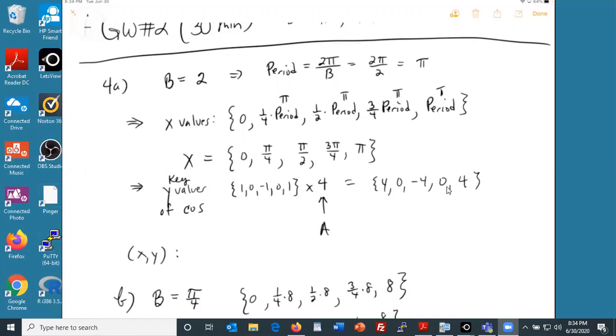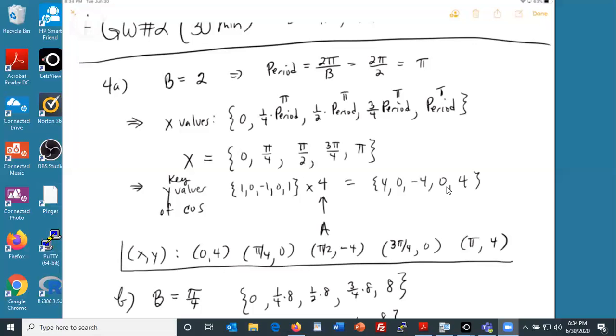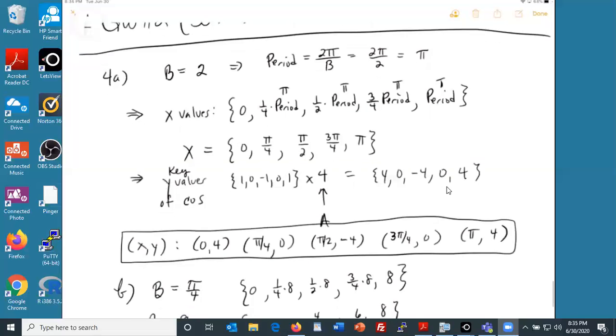So that would be 0, 4, pi over 4, 0, pi over 2, -4, 3 pi over 4, 0, and pi, 4. This is the first thing you have to show me, the key points. And then you have to graph those.